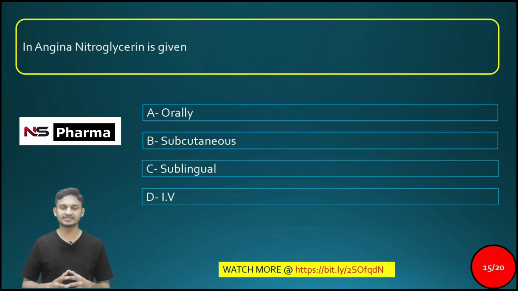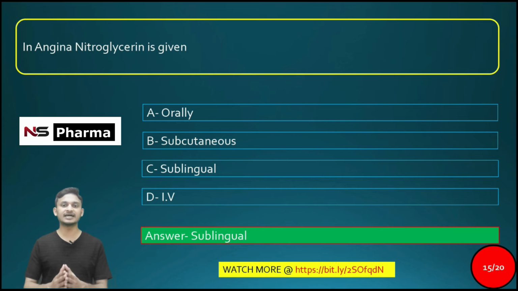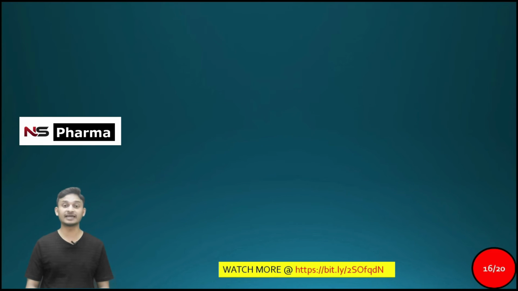The correct answer here is option C, sublingual. In angina, nitroglycerin is given sublingually. Sublingual dosage is preferred during angina, so it bypasses first pass metabolism and gets rapid action.